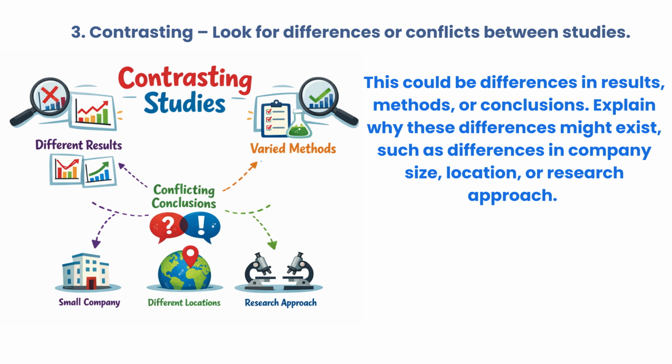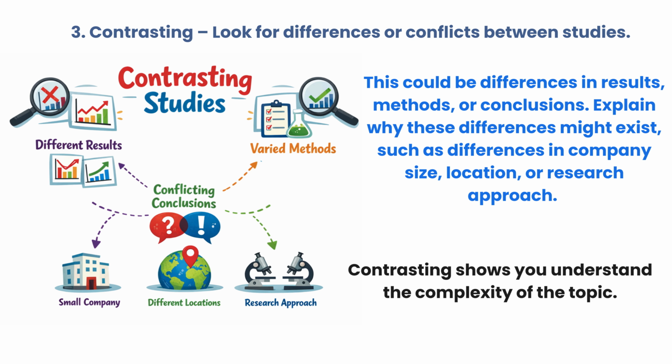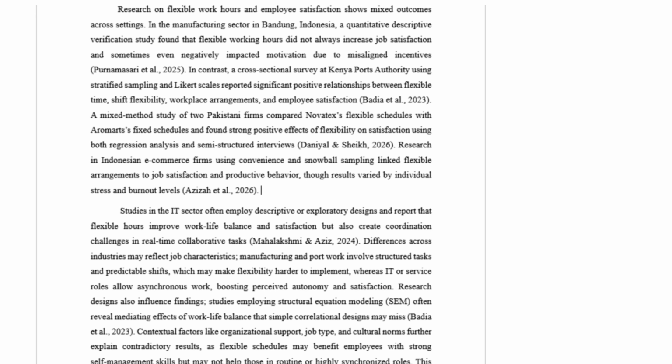Explain why these differences might exist, such as differences in company size, location, or research approach. Contrasting shows you understand the complexity of the topic. For example, one study might show flexible work hours improve employee satisfaction, while another finds no effect in factory settings. Discuss reasons for these differences, like industry type or study design.